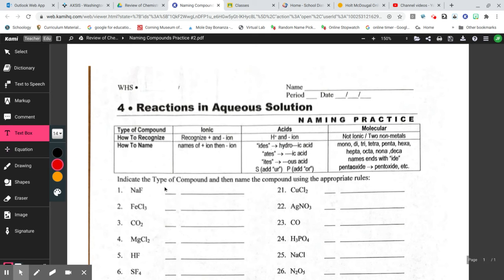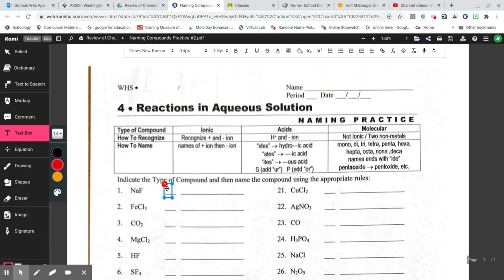So we're going to put in an I. Now I'm going to use my ion list: Na is sodium, and then F is fluoride. Make sure that you spell fluoride correctly. Fluoride always has the flu.